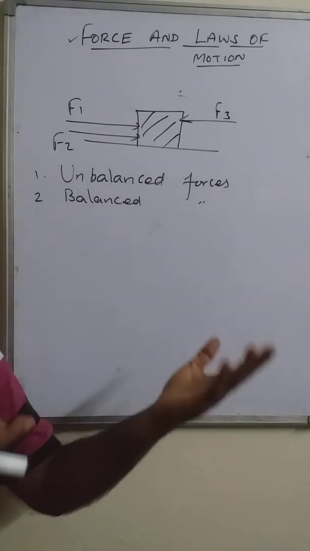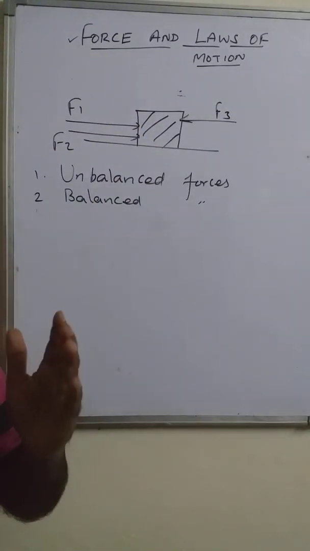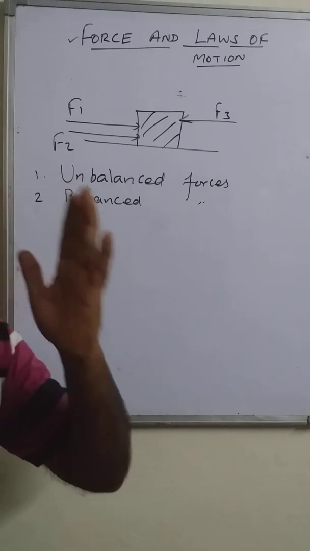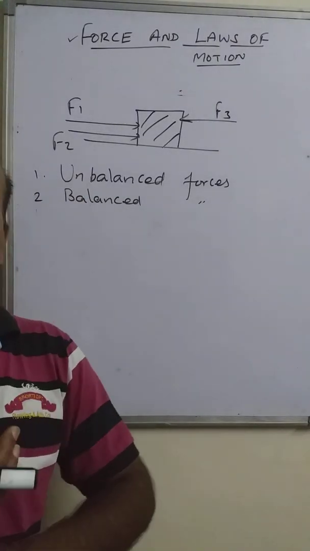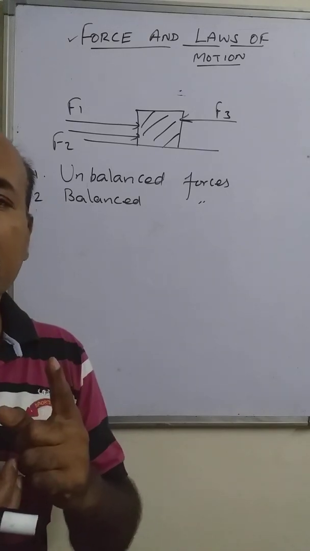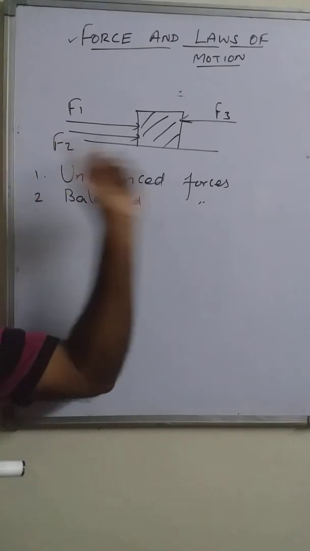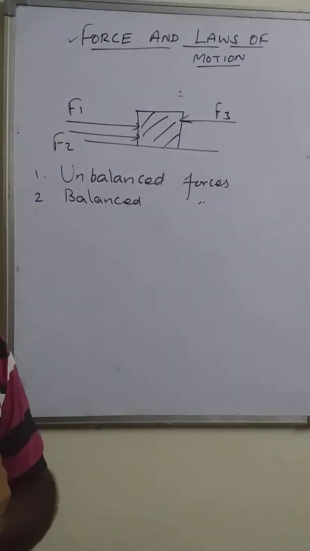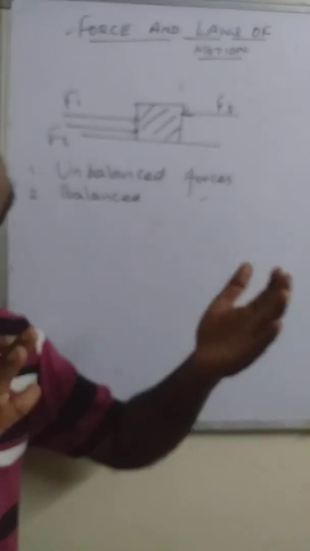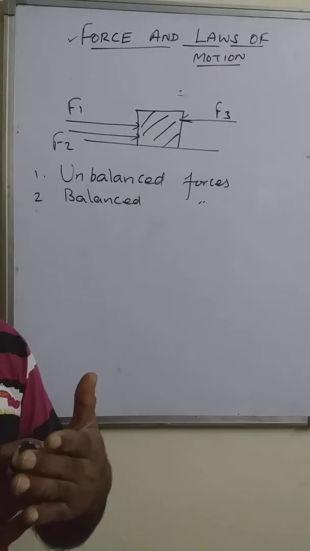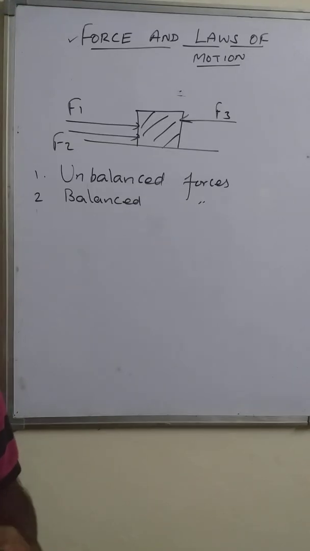Which force is balancing the other force, we will discuss later on. Balanced forces means all the forces are balancing each other. One more thing we also discussed in the last class: if the forces are applied in the same direction, they are all added. If they are applied in the opposite direction, then they are subtracted. That means the difference of forces takes place.